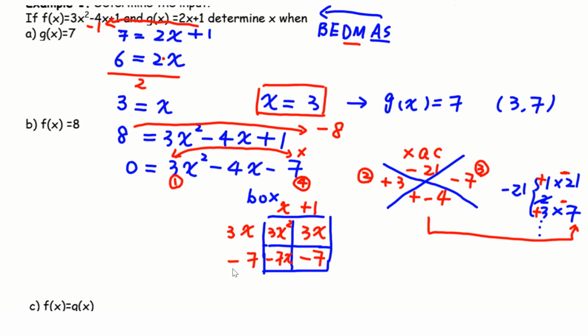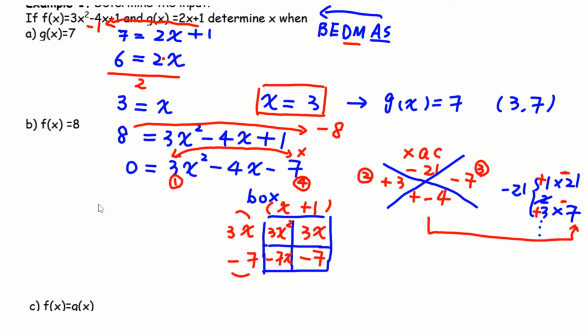One side is 1, another side is negative 7. 1 times negative 7 give you negative 7. So it works. And these two sides, length and width, are the factors for this area, and this area is equivalent with this expression.